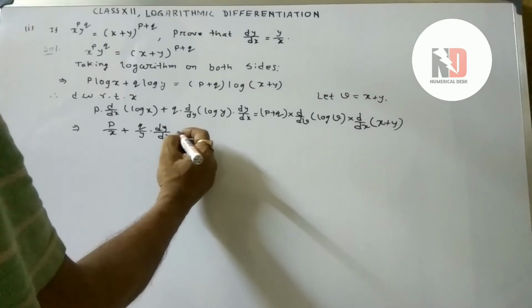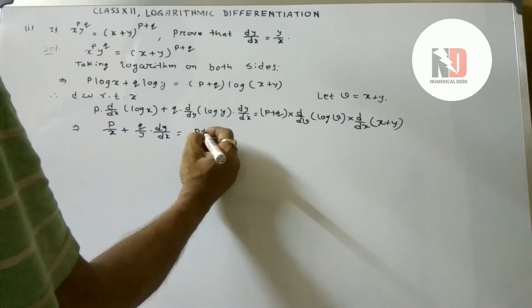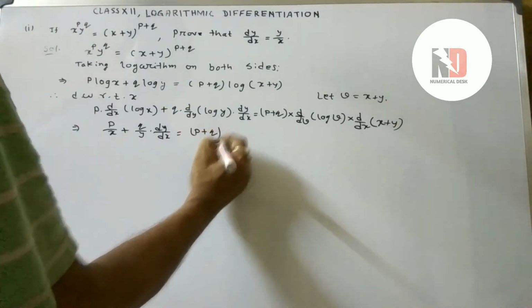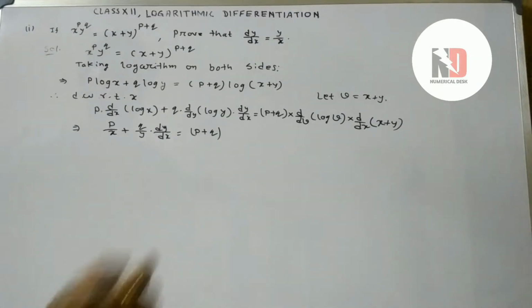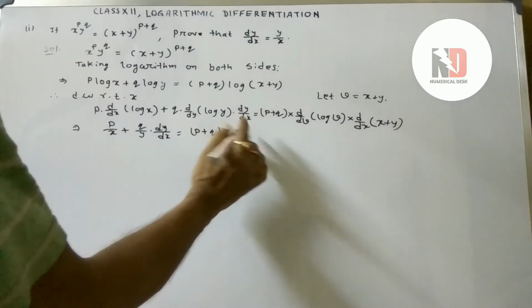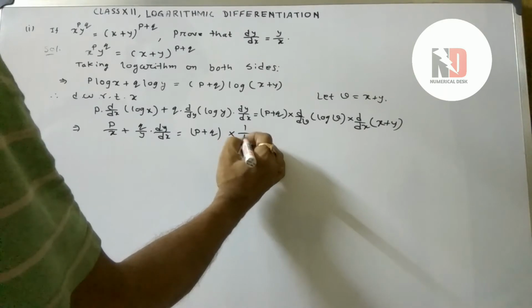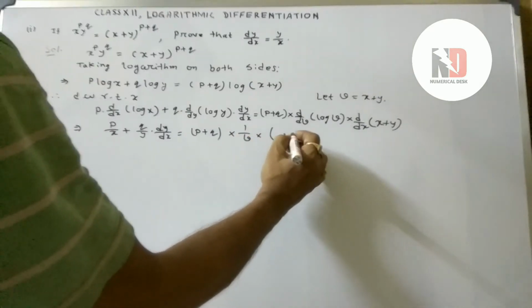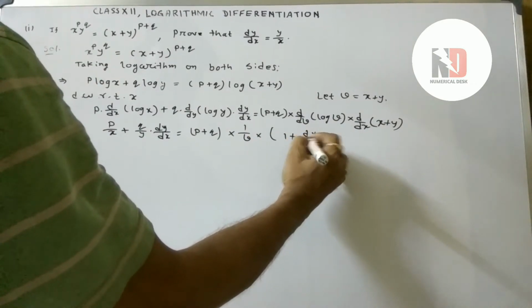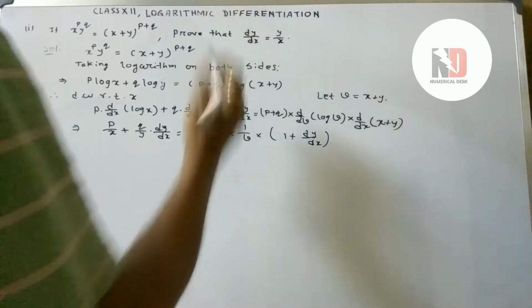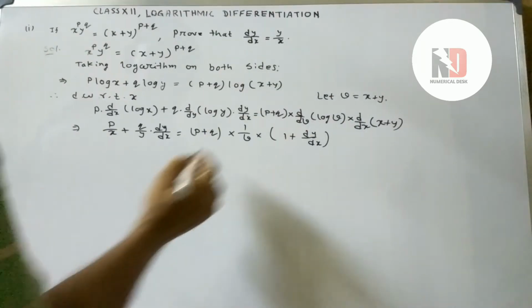so it is so easy. Now on the right hand side, p plus q, now 1 by v into 1 plus dy by dx. No problem.